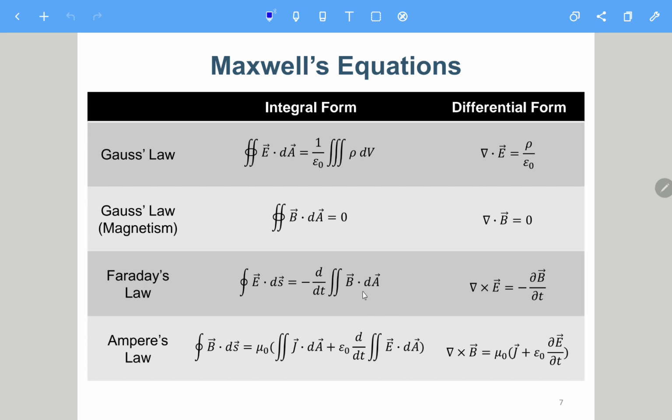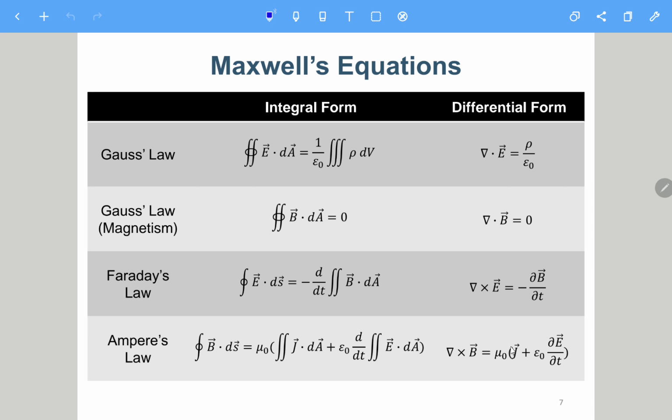Okay, so here this term is similar to this term, so you can also imagine this term becomes partial B, partial t, and this term becomes partial E, partial t, like this. And then here we also cancel this integration sign, so we only have J here.